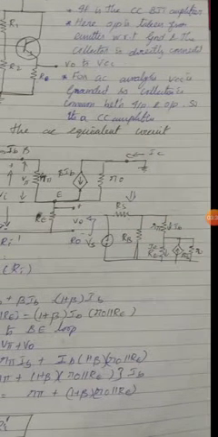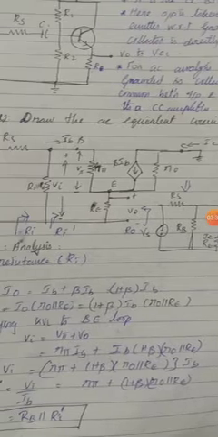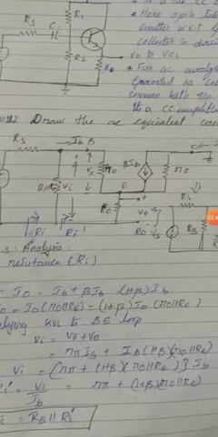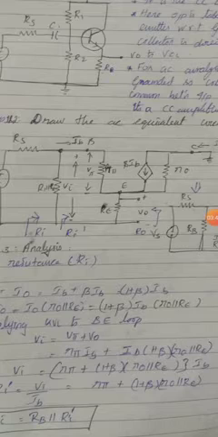On the output side, we have two resistances, R naught in parallel with RE. So V naught will be R naught parallel with RE into I naught. When substituting and taking IB as common, we have VI equal to R pi plus 1 plus beta times R naught parallel with RE into IB.